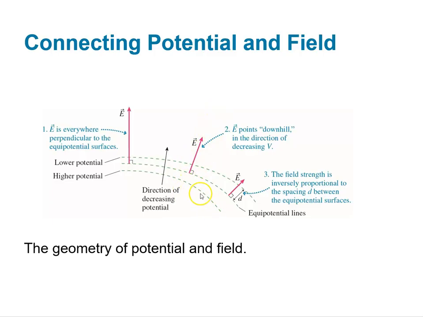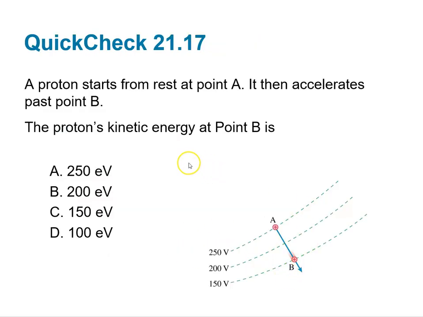So if this line was at 9 volts and this line was at 7 volts, the electric field is going to point that way. And the field strength is inversely proportional to the spacing between the equipotential lines. So the closer together the equipotential lines, the stronger the electric field. The farther away the equipotential lines, the weaker the electric field.